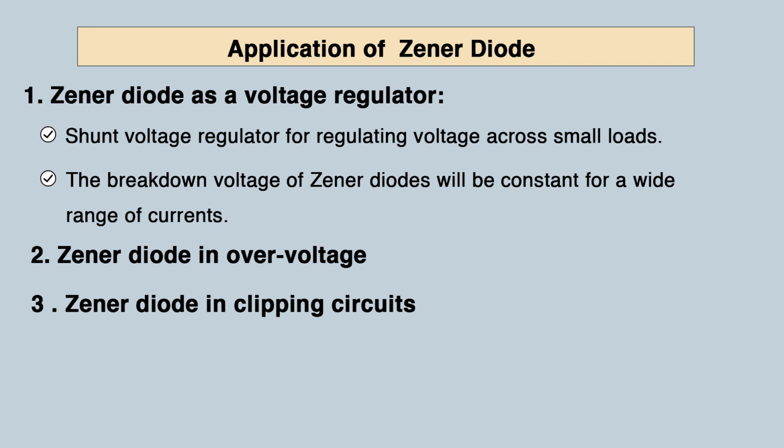Zener diodes are also used in clipping circuits. Zener diode is used in clipping circuits for modifying the AC waveform by limiting the parts of either one or both the half cycle of the AC waveform.